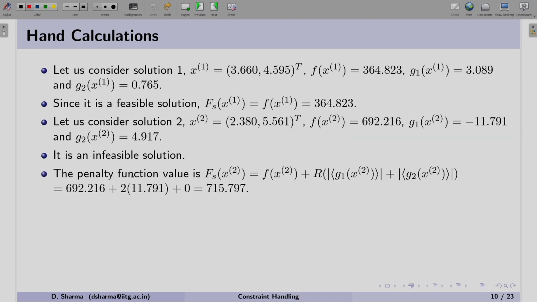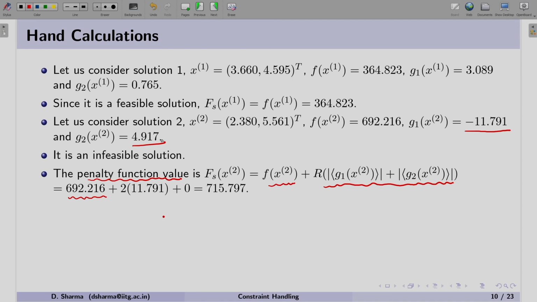Since the solution is infeasible, let us calculate the penalty function value here. As we know, it is made of the objective function plus the constraint violation multiplied by R. The objective function value is 692.216 plus, inside the bracket, G1 is not satisfied but G2 is satisfied.